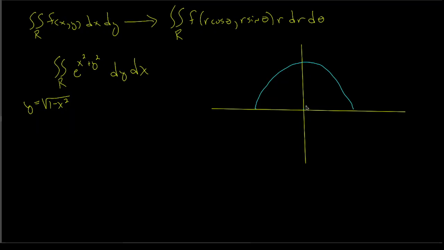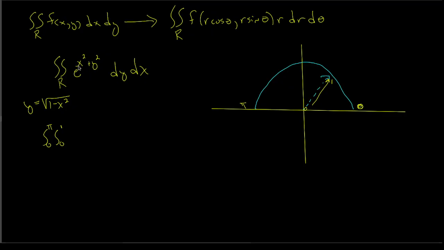So what we're going to want to do is convert this to polar coordinates. In fact, it looks nice for polar coordinates here because this has a circular framing to it. So from a polar standpoint, we're going to go from 0 to pi in angle and from 0 to 1 in radius. So we can do 0 to 1 for r, 0 to pi for theta.